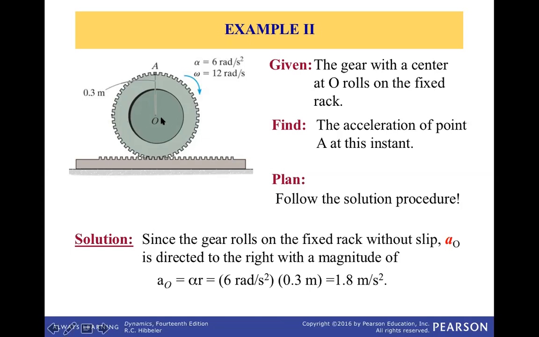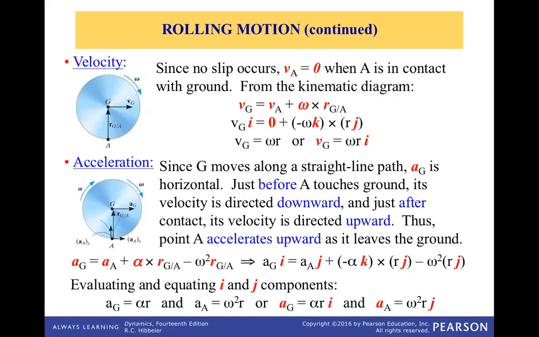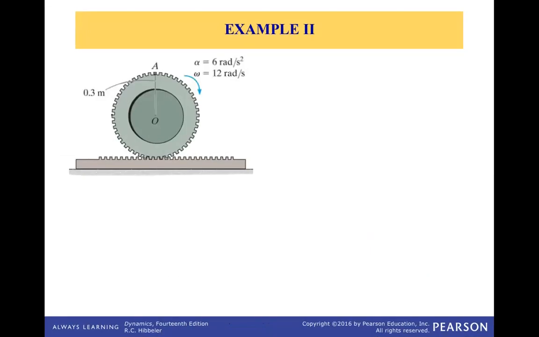If you go a couple of slides back, at the center, here it's the G. So A sub G is alpha times R. In example 2, O is the center point, so A sub O is alpha times R, to the right.